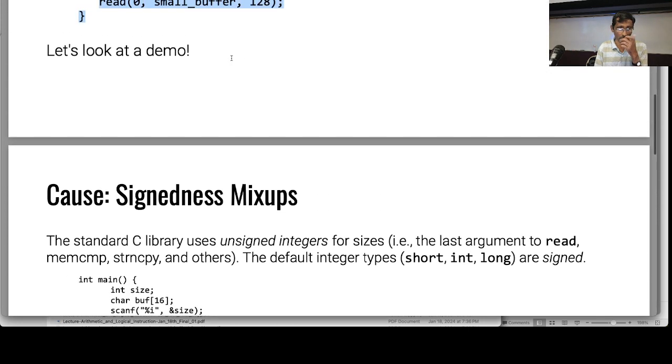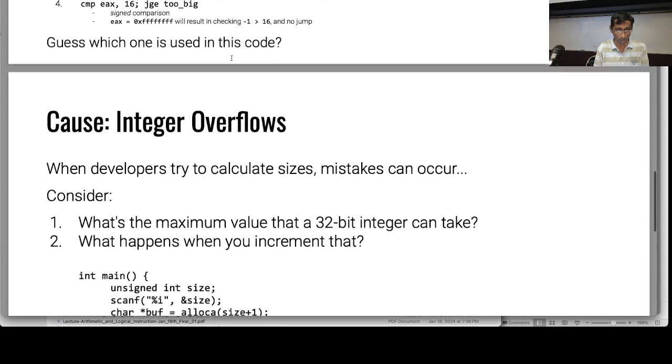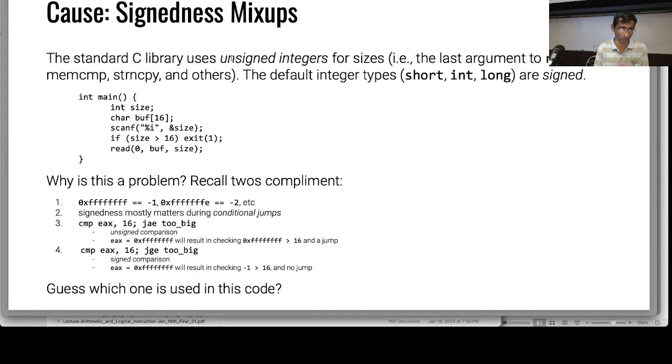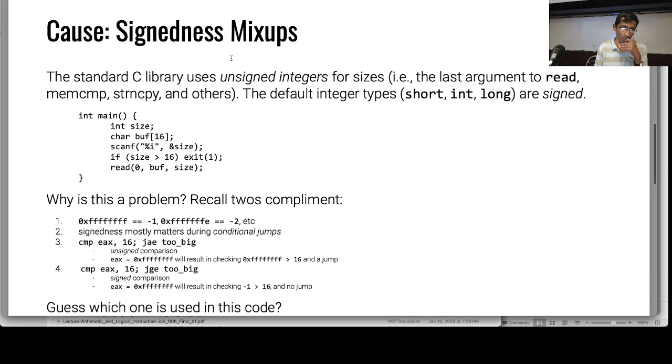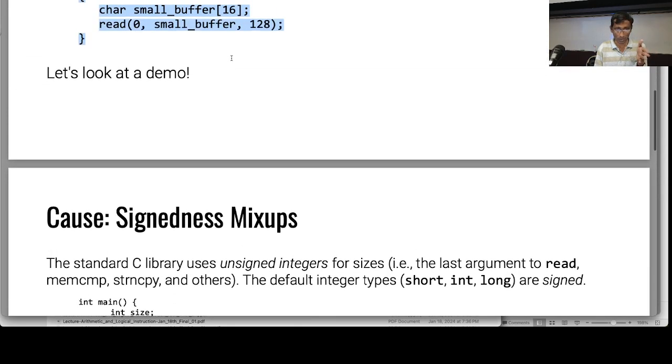Once it goes and corrupts the next placement of the buffer in the stack, that would be the next one belonging to the return address for the next function. And that's the simple one.